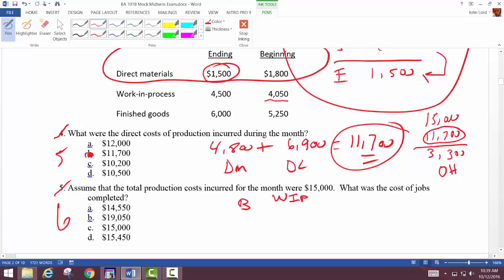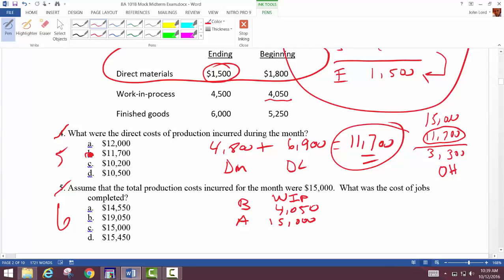So if I'm analyzing work in progress here, the beginning is how much? Beginning work in progress? 4050. Okay, good. And the adds for the period I have to know are what? My total manufacturing costs are the adds to my work in progress, right?